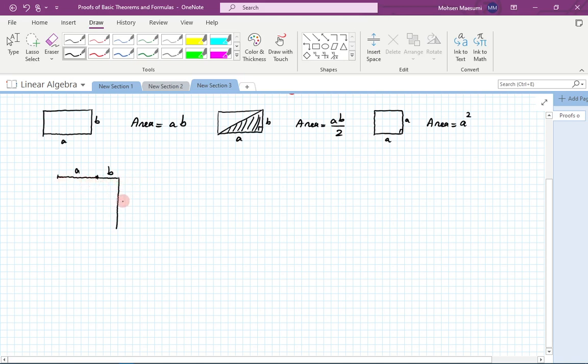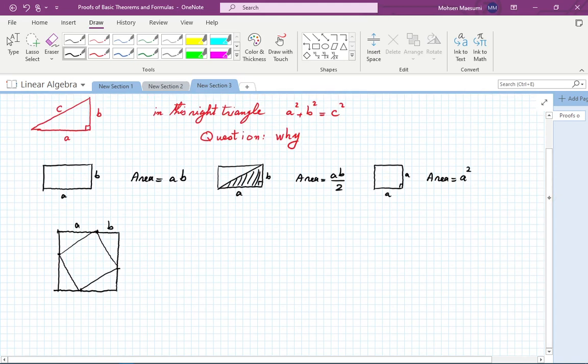I have here 1 2 3 4 5, and so I'm going to make a square of side A plus B, and then inside of the square we see 4 copies of that original triangle we were talking about over here.